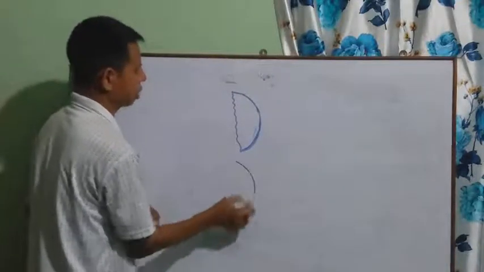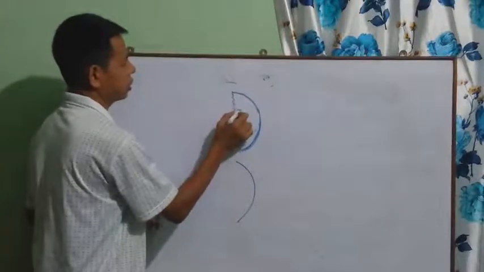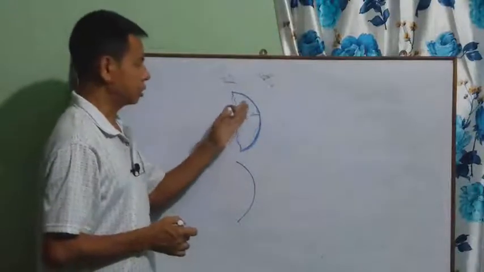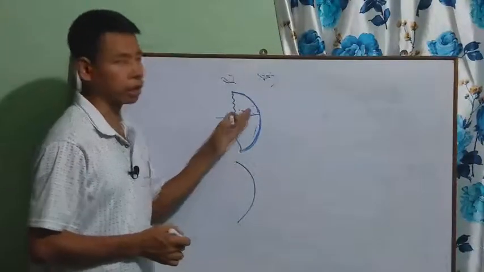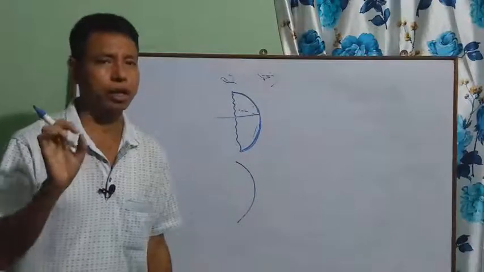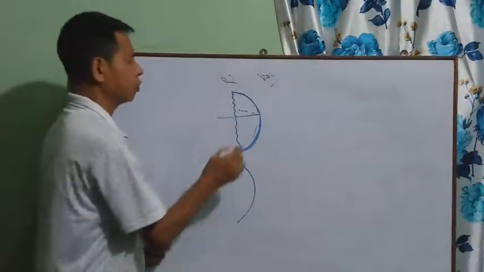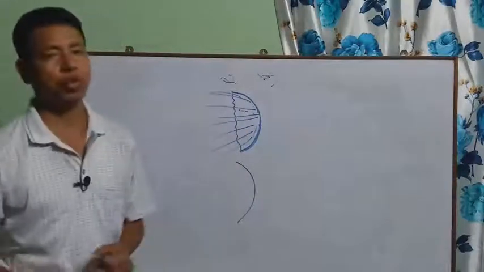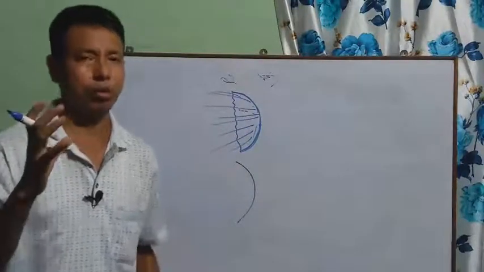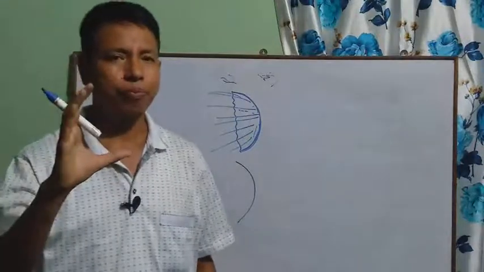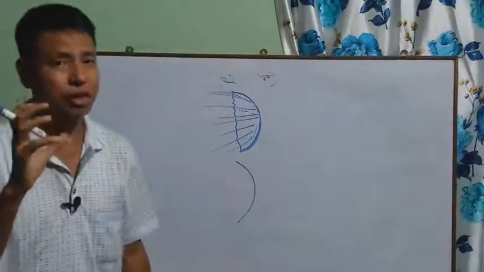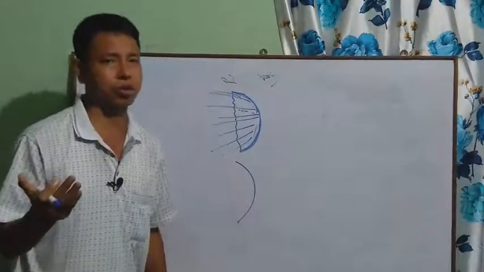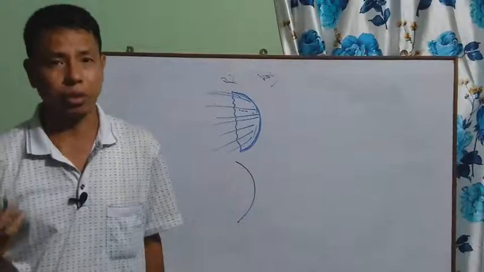When it is heated, the heat is reflected back, because the shining surface of this concave does not absorb, or absorbs very little, and will reflect the maximum amount of heat in all directions. That is why in a room heater, at the back side, a concave shining surface is placed for reflection of the maximum amount of heat.